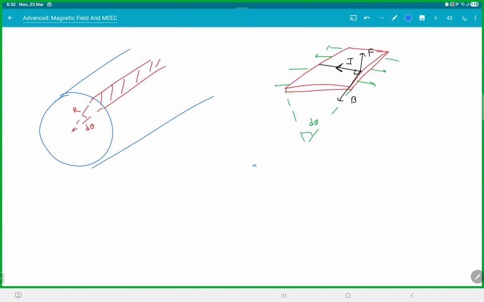So then same story again. 2T sine d theta by 2 is equal to current I, length L, and that is B. I is I only. It's the same amount of current flowing through each wire there.